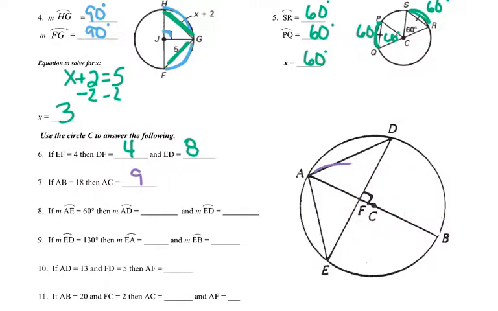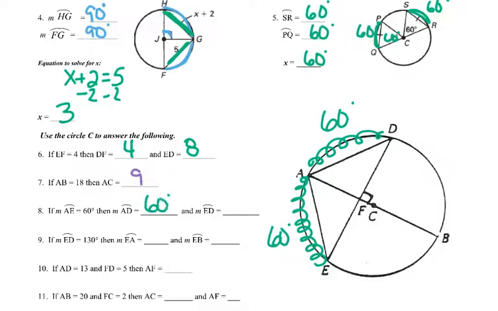I'm going to erase that. If AE is 60 degrees, so now I'm talking about an arc, then from A to D is also going to be 60 degrees, and from E to D is 60 plus 60 or 120. I'm going to erase again.